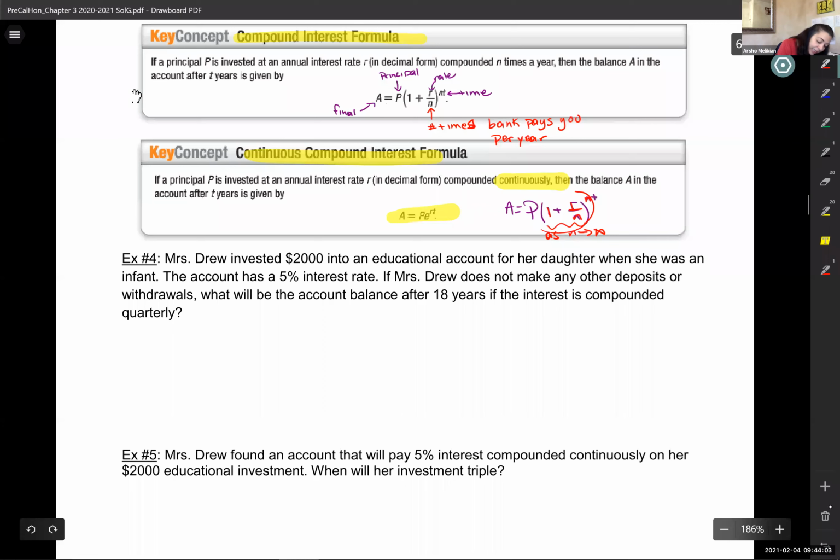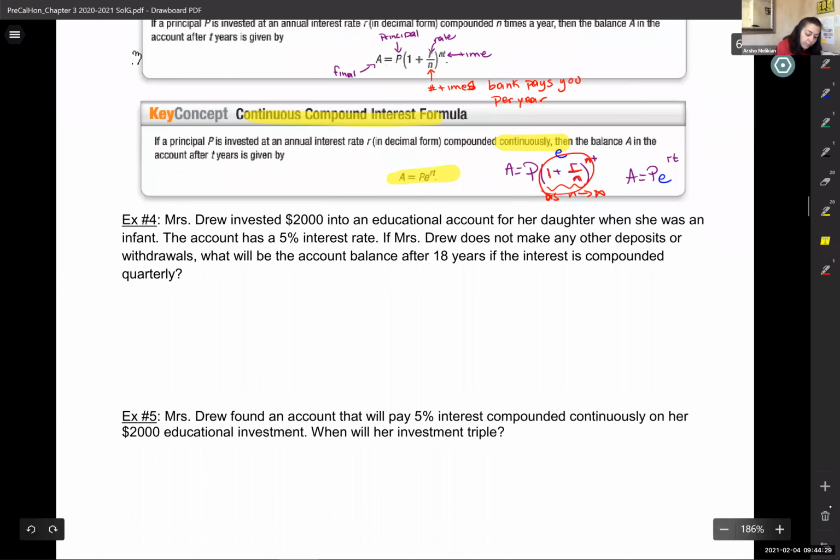So as n approaches infinity, that whole thing becomes an E. And so now I have A equals P e to the t, and then there is some math where the r goes over there. So do you see how that transforms into the other? Okay. All right.